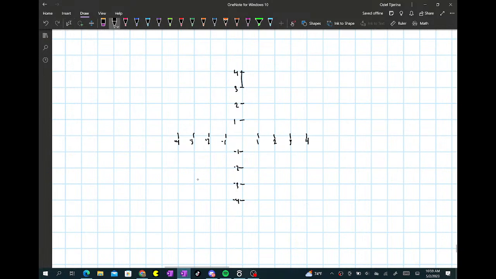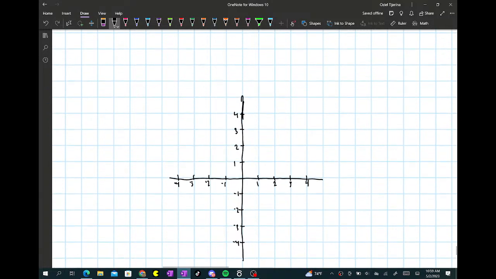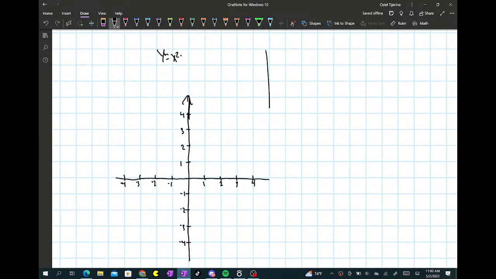So let's just quickly graph this. If I look at x squared, y equals x squared, right? Y equals x squared. And I'd make a table of values.